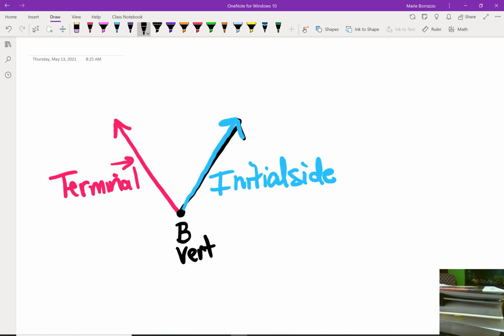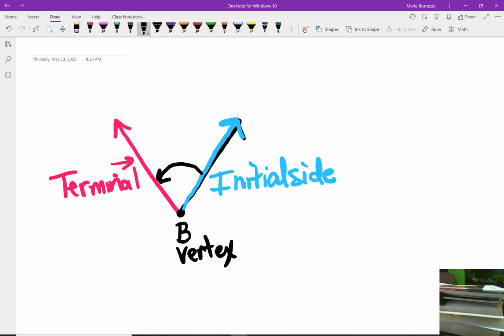where the two vertex meet, or rays meet, excuse me. In this case, we call this a triangle or an angle in standard position. Also understand that this is an angle, two rays with a common endpoint, basically.